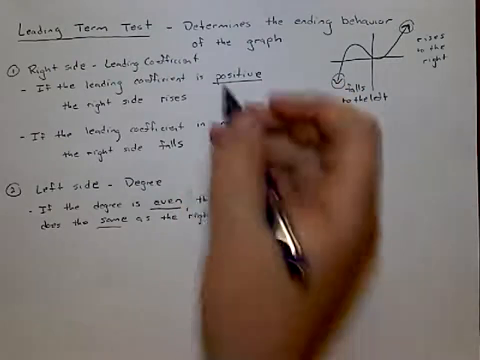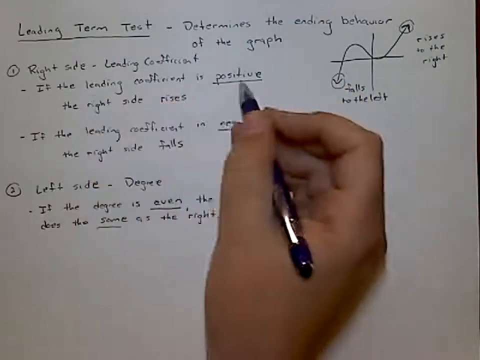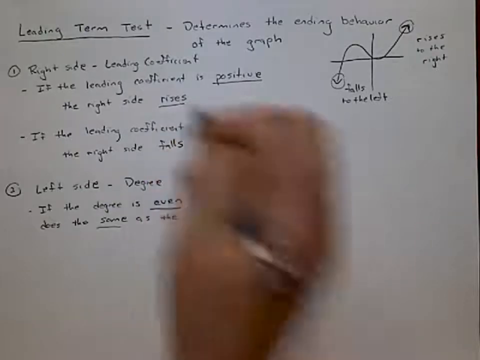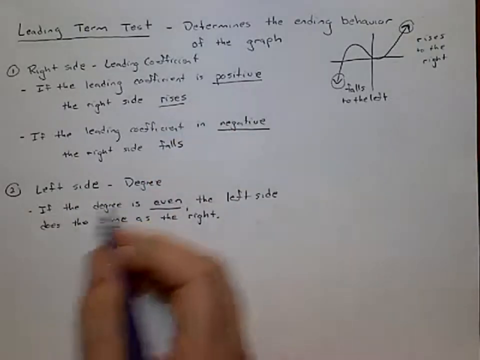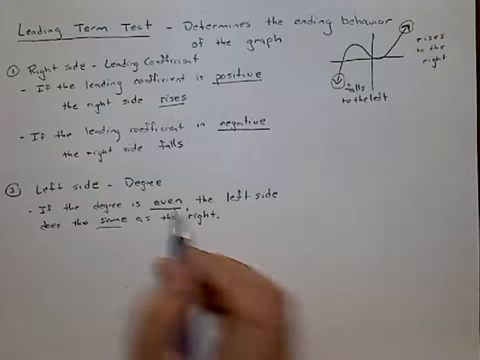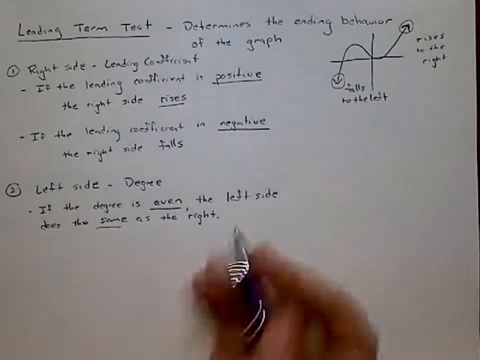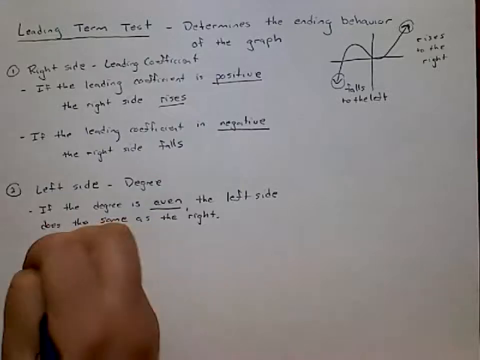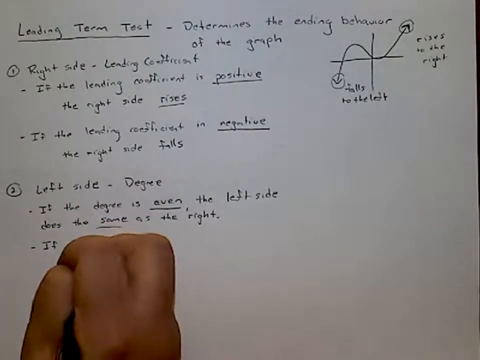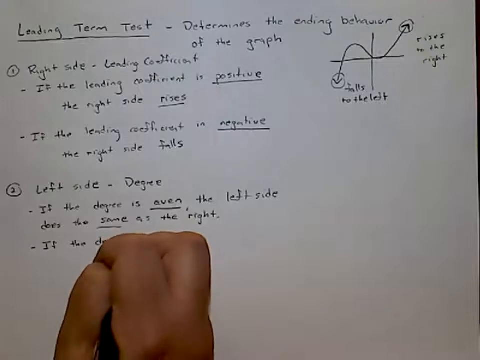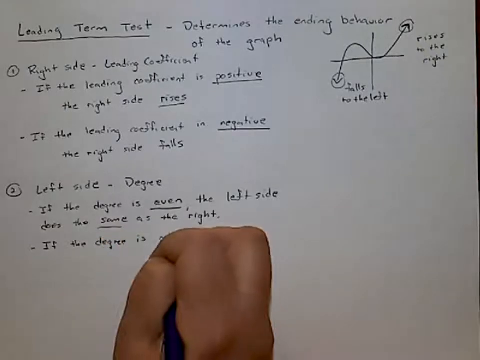Okay. So if your right side rises and your degree is even, your left is going to also rise. Now, the opposite of that, if the degree is odd.